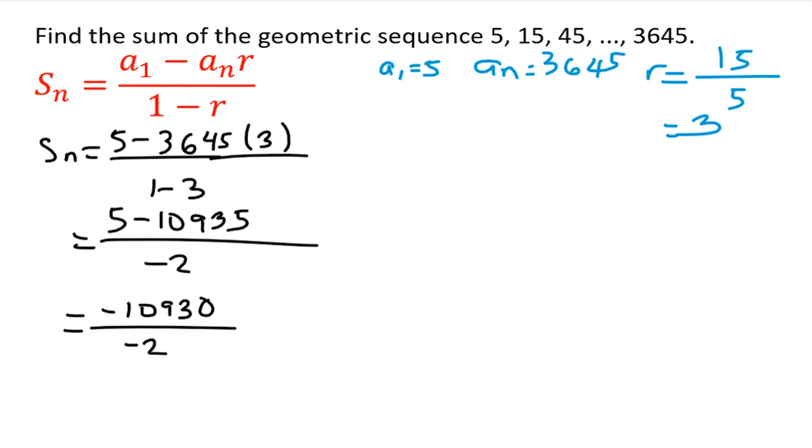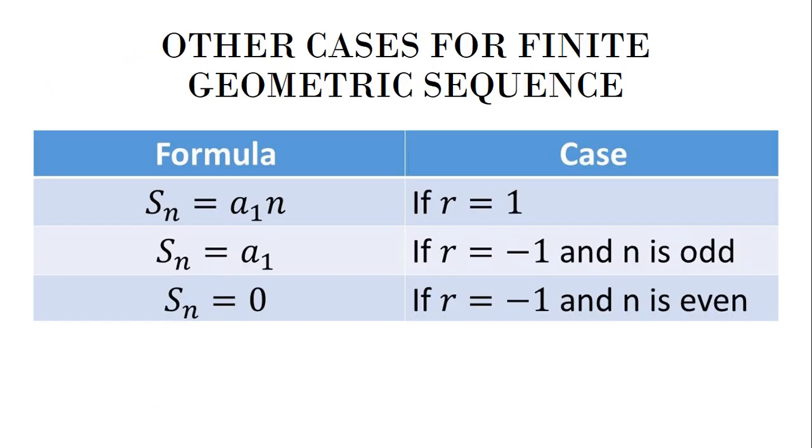And negative 10,930 divided by negative 2 is 5,465. So, ang sum ng geometric sequence na 5, 15, 45 up to 3,645 is 5,465.